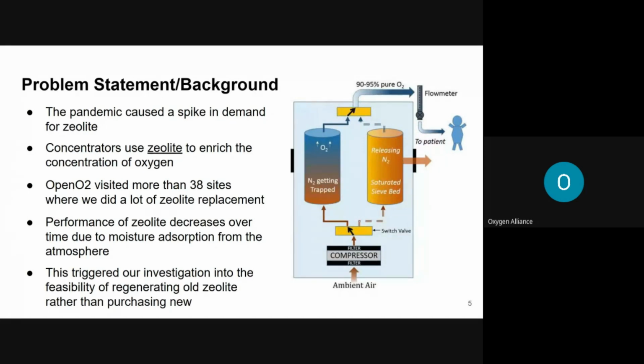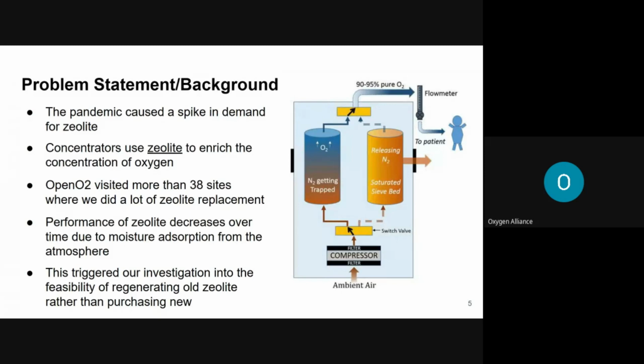new zeolite. So one thing to also point out is the process that happens in the oxygen concentrators, for those of you who might not be familiar with how this thing works. So the oxygen concentrator produces pure oxygen in a process that we call pressure swing adsorption.